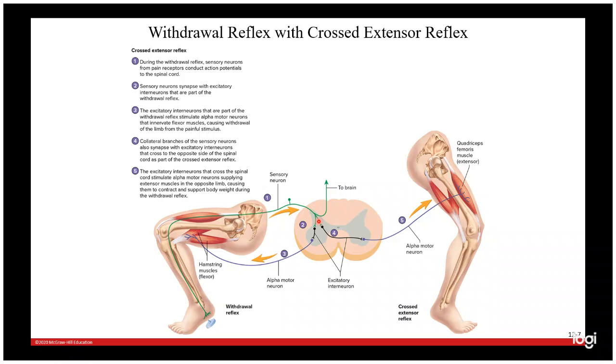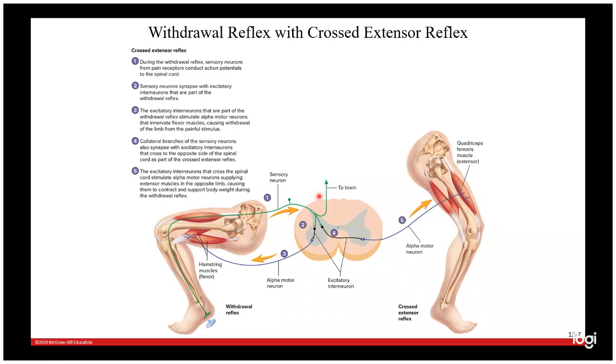They stimulate the alpha motor neurons just like the others, and force that limb to withdraw. So far, so good. We are doing the same thing. Now, in step 4 here, the branches of the sensory neurons also have an extra synapse. They synapse with excitatory neurons that cross to the opposite side of the spinal cord. This is what makes it that crossed extensor reflex, because you've got the signal.